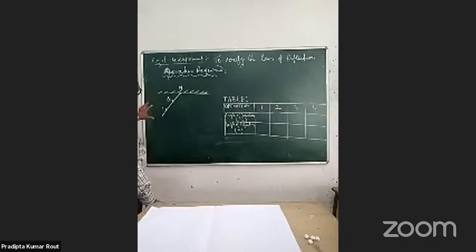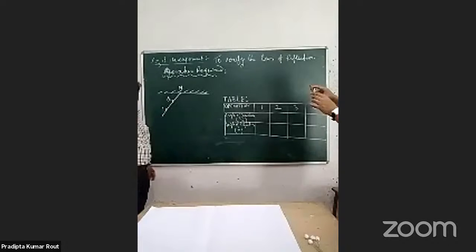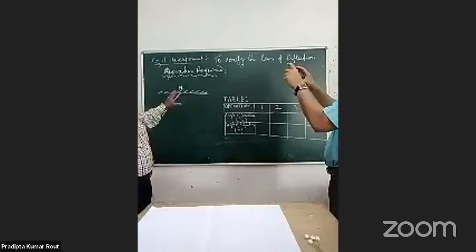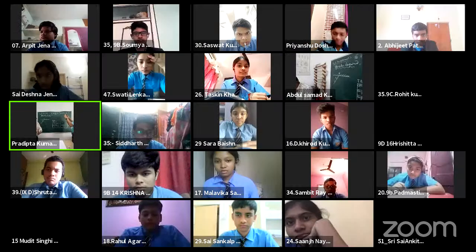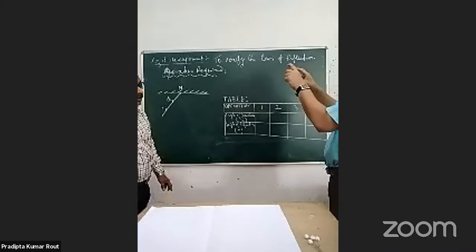Yes, sir. The writings on the board are not clear. Madam, can you spotlight my answer? Just a minute. You can show my mobile. Can you see now? Spotlight. Okay, madam?